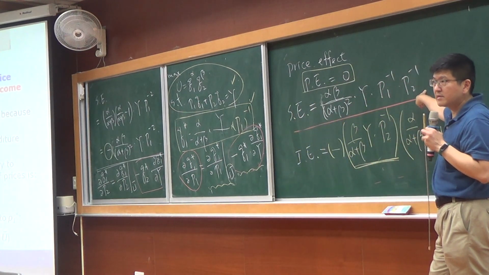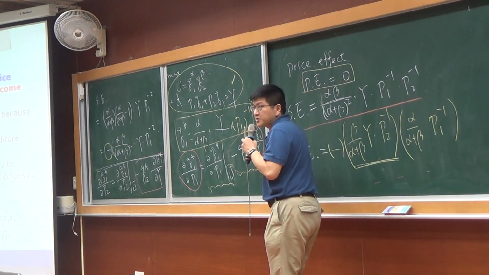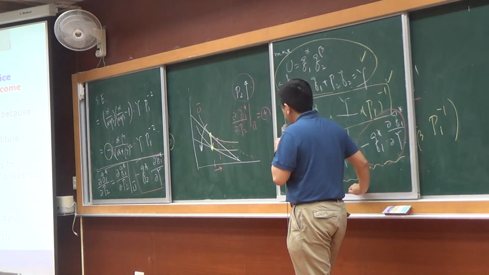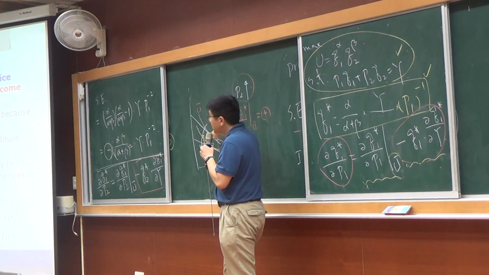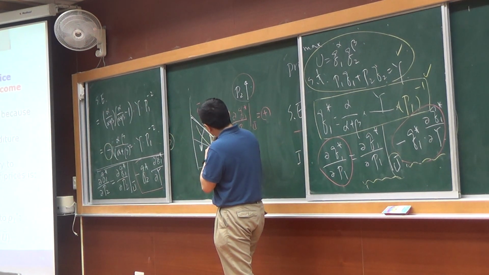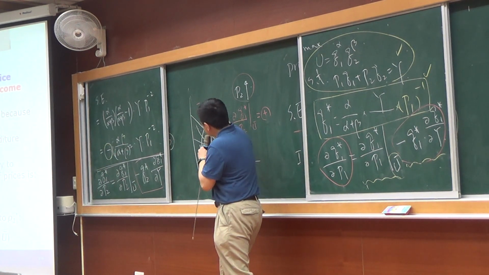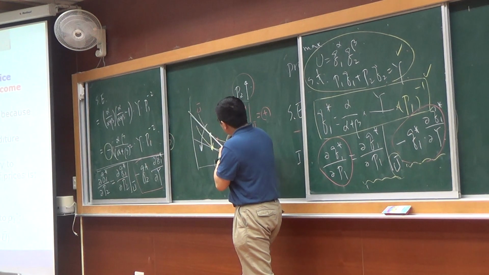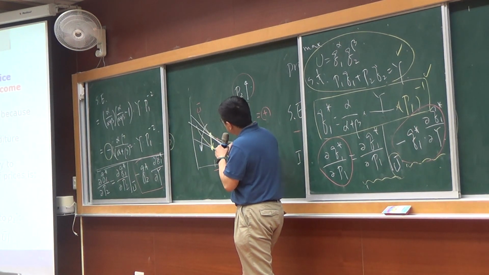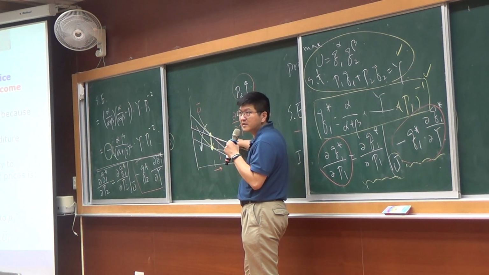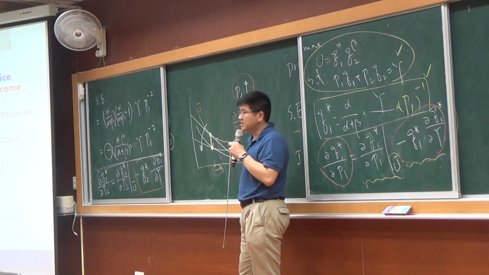So this would be the substitution effect from here to here because of the price change, on the same indifference curve. So it's negative for Q2, however, it's positive for Q1, right? So this is the substitution effect.